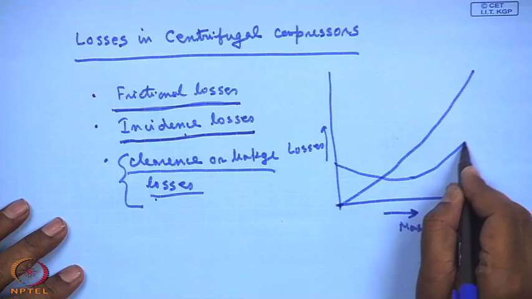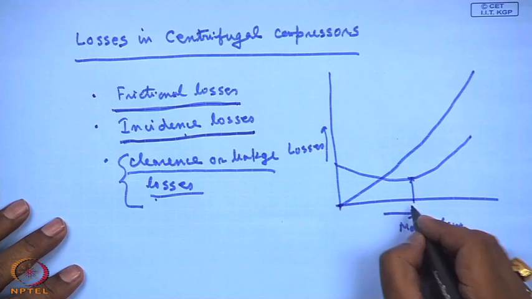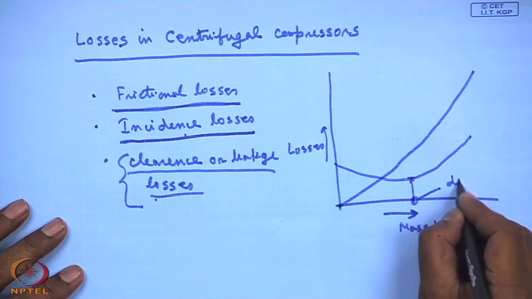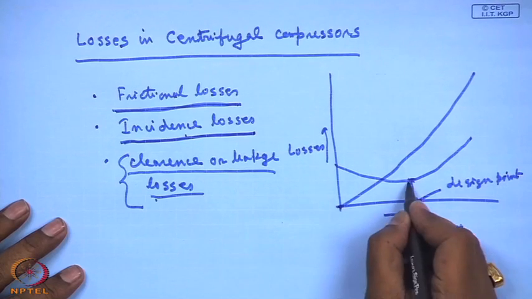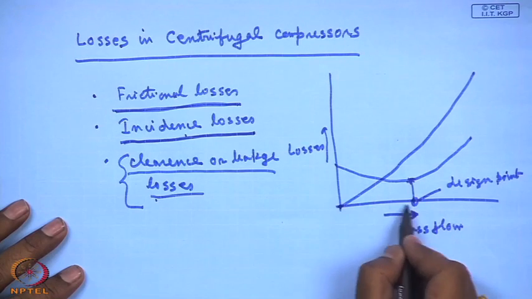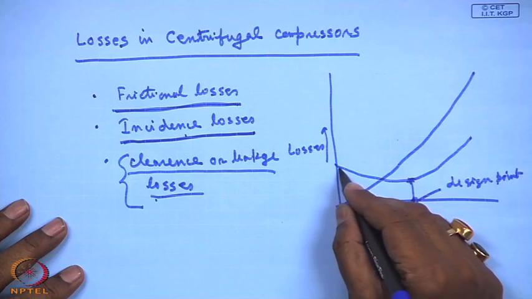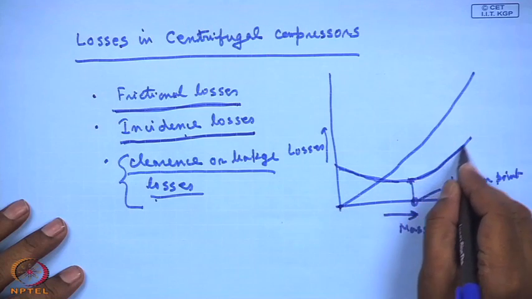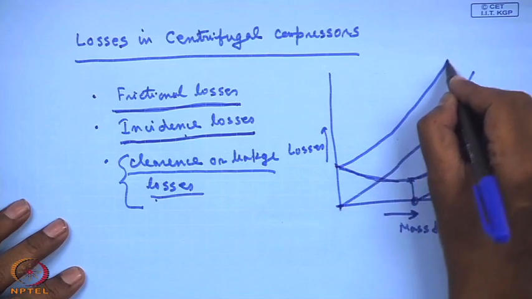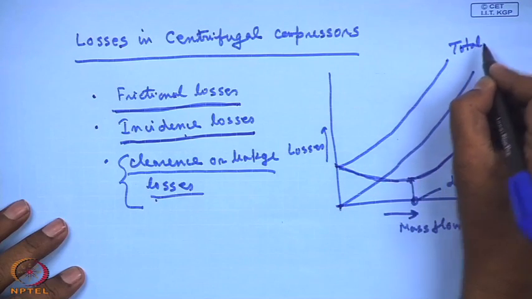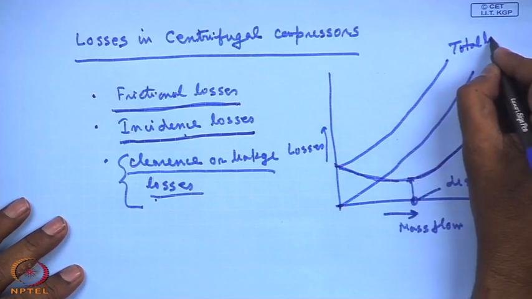This is minimum at the design point, and off the design point, at low mass flow and high mass flow, it increases in both directions. If you add these two, you get the total losses, which take this shape.